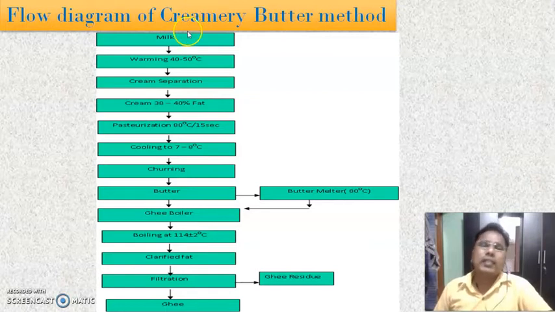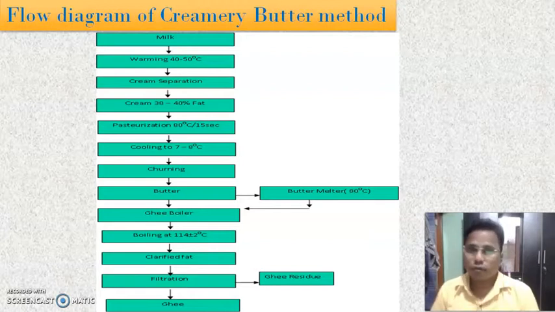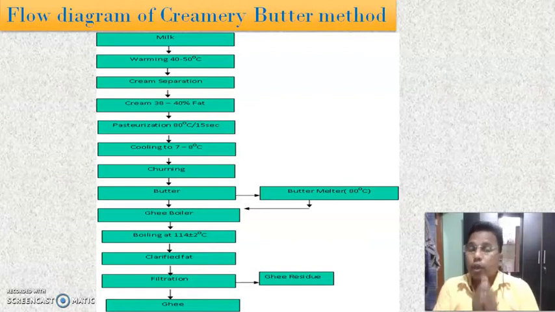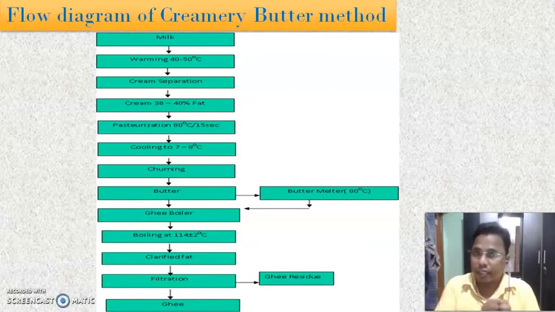The first point is the milk, which is clean, sweet, and free of any extraneous matter. That milk is taken for the preparation of the milk product. As we have seen, the quality of the final product totally depends on the quality of the raw material used here. So the raw material, that is the milk, we have to use with a superior quality.